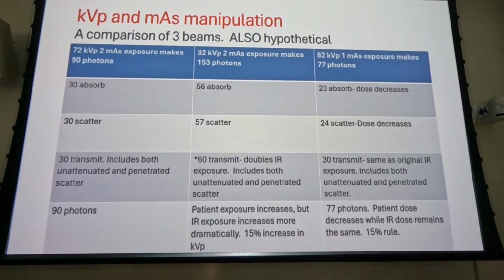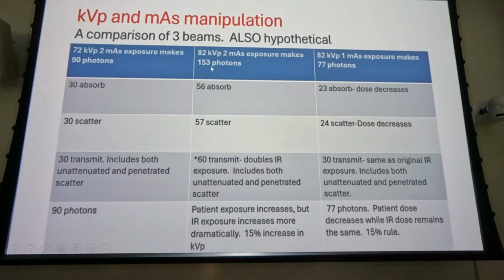All right, so looking back at these two, what happened with our kVp? Our kVp went up. So what we had over here was 33%, 33%, 33%, right? So if this was 33%, what would that number be?